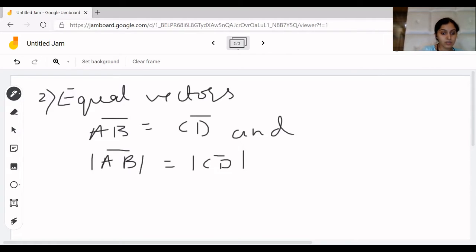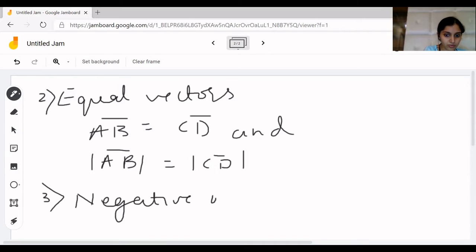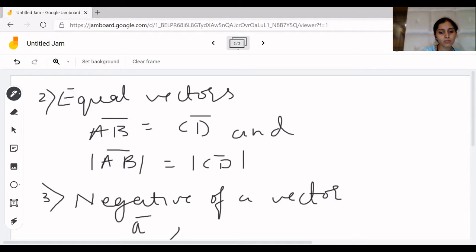Negative of a vector. What is the negative of a vector? Let us say that we have a vector a bar. Then the negative of this vector will be minus a bar. If we have a vector b a bar, then we can say that b a bar is equal to negative of a b bar.